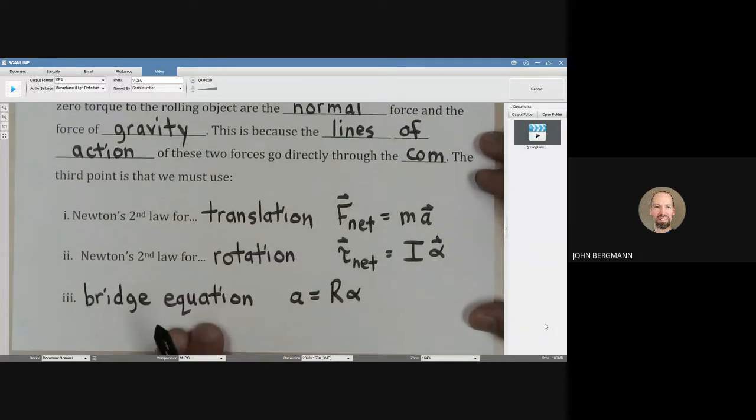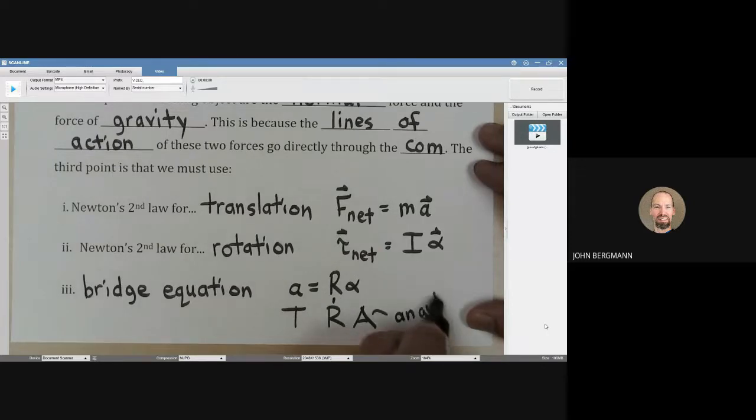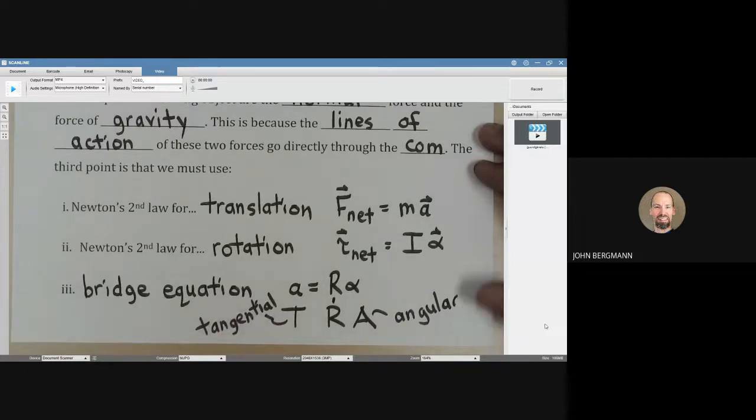You might remember in a previous video, I gave you the little mnemonic of tra la la la la, where r is the radius of the object, a stands for the angular quantity, and t stands for the tangential quantity, or translational quantity, either one. Those three equations are all going to be needed in order to solve rolling problems.